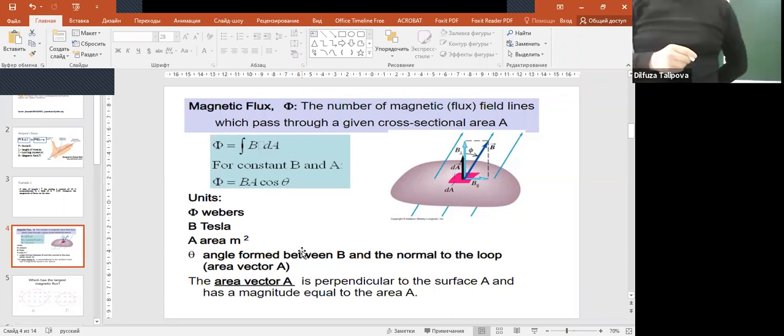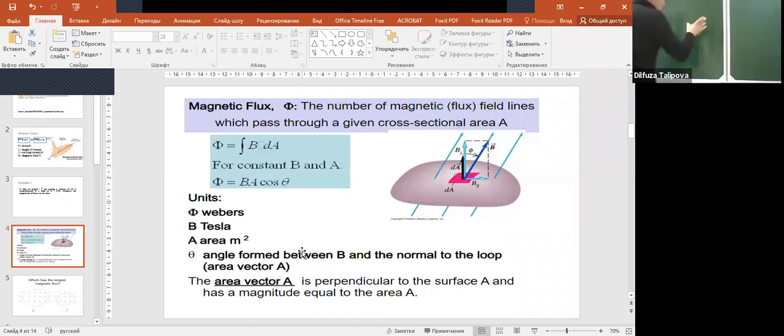So the number of magnetic field lines which pass through a section area A, the magnetic flux, is equal to phi, the integral of the magnetic field dot product multiplied by the area dA.